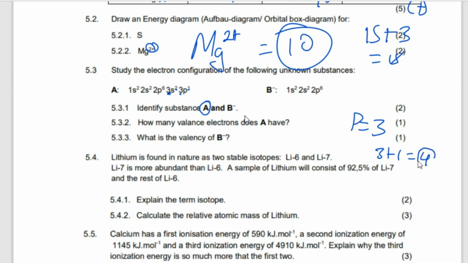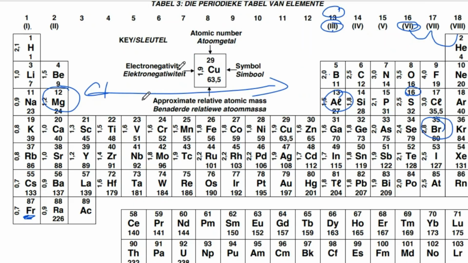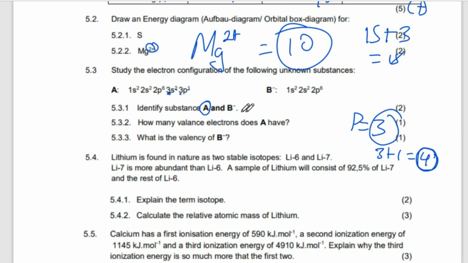It means that I will find it in group 4, period 3. Group 4, 1, 2, 3, 4. Period 3, 1, 2, 3. So the answer is silicon.